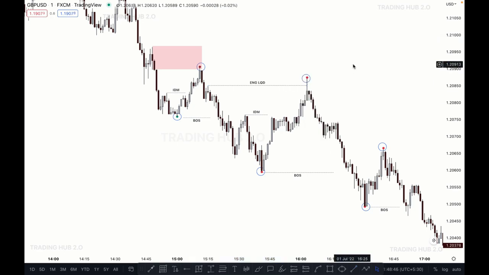So how can we identify that the market has taken the engineering liquidity or inducement? Sometimes the market takes inducement and then drops, sometimes engineering liquidity and then drops.